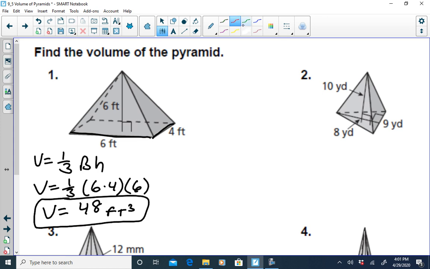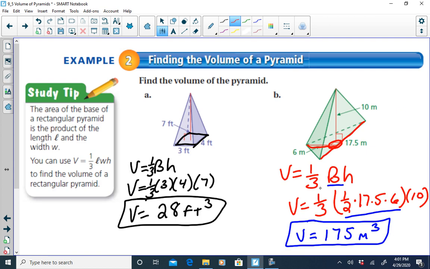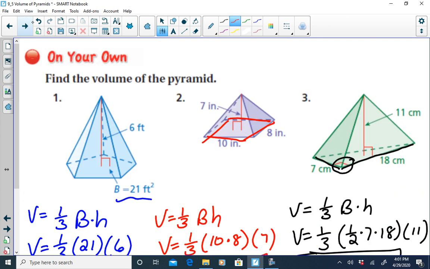All right, this next one. Volume is going to be 1/3 base area times the height. But what's the base area here? It's a triangle. Have to find the right angle symbol of that triangle. Right? 1/2 the base times the height. That's going to be 9 times 8.